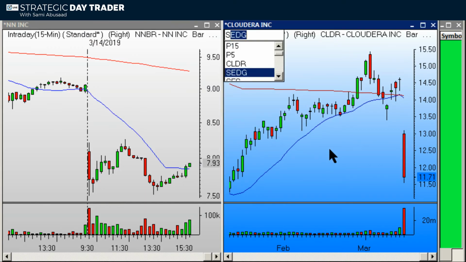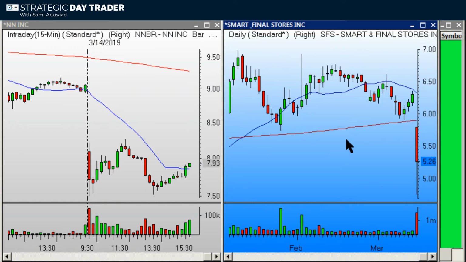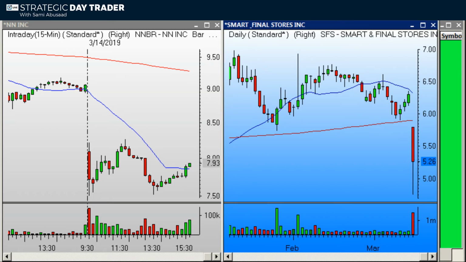Notice the SFS on the daily chart. That's just so beautiful. Under support, under the 200. When a stock gaps under the 200, it almost always goes lower, even if the gap is not good. But in this case, it was a terrific gap because it gapped under 3 green bars in a row, meaning the traders in the last 3 days have been buying it, not selling it, and today they got trapped.